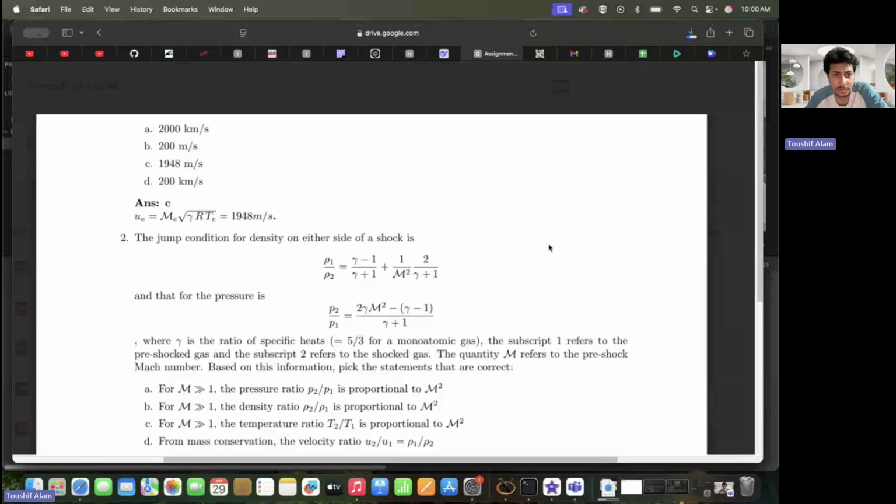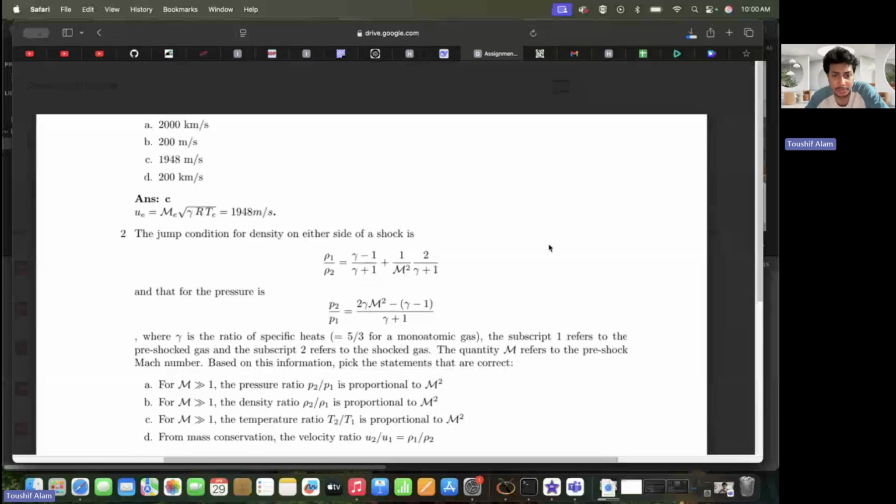A: For M much greater than 1, the pressure ratio P2 by P1 is proportional to M square. This is simple. If you put M much greater than 1, this term will be negligible, this term will be 0.